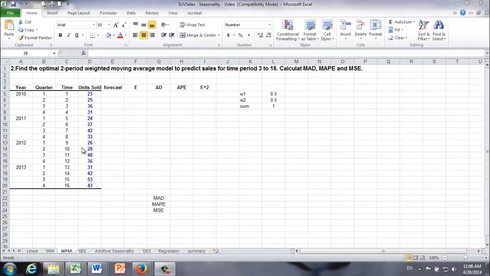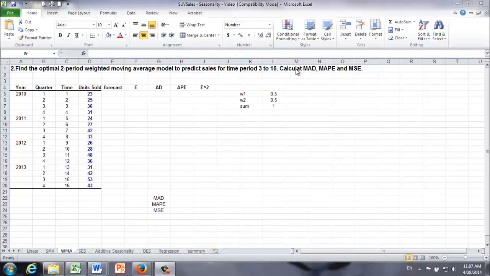Once again, I prepared a separate worksheet to answer our question 2. Find the optimal 2-period weighted moving average model to predict sales for time period 3 to 16 and calculate MAD, MAPE, and MSE.